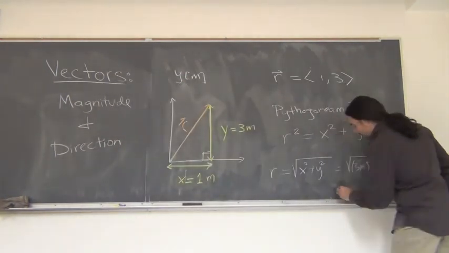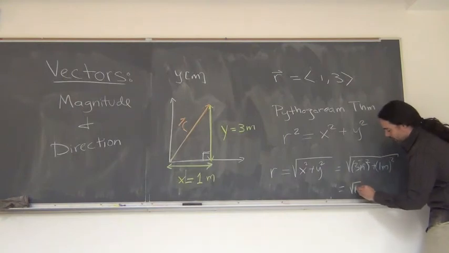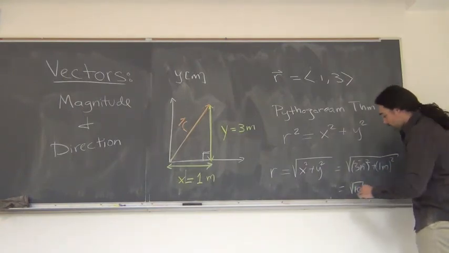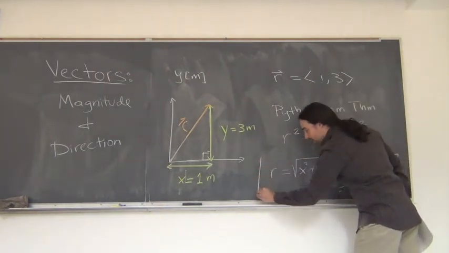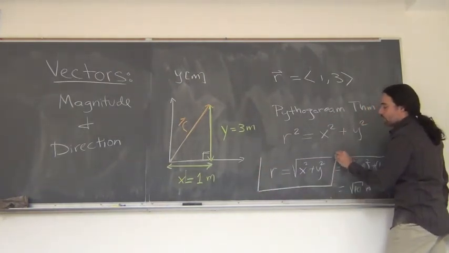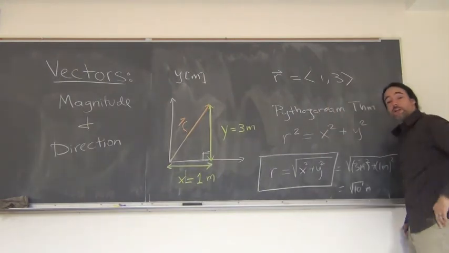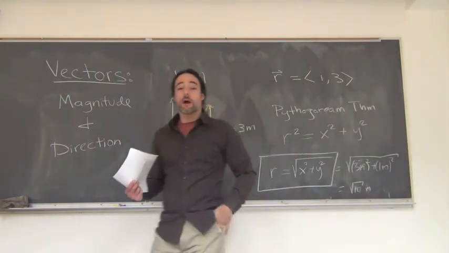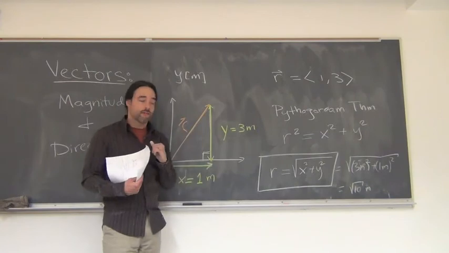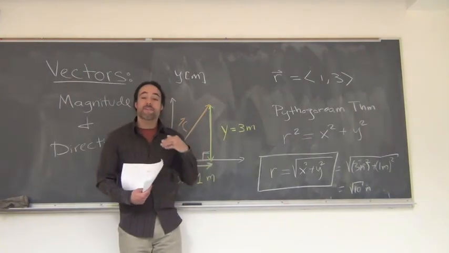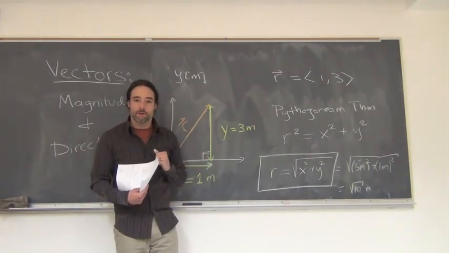This is just going to be equal to the square root of 10 meters. But the main thing we want to take away is this general formula, which we can use to figure out the magnitude, the length of any vector. We just get that by using the Pythagorean theorem.